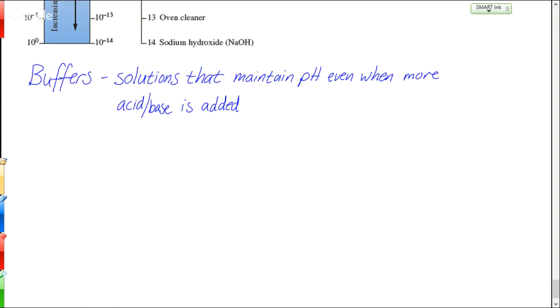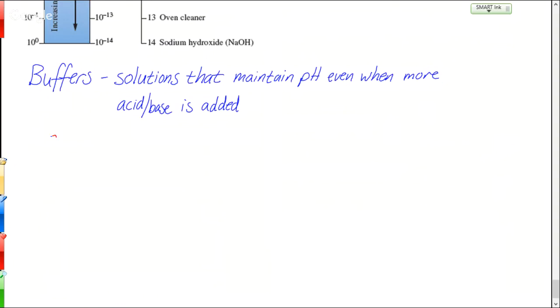So does anybody know what molecule is mostly responsible for controlling the pH in your blood? Well, hydrogen is always responsible for the pH, but what contributes to more or less hydrogen in your blood? Yeah, it's carbon dioxide.